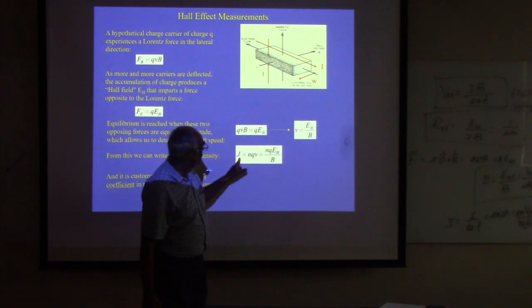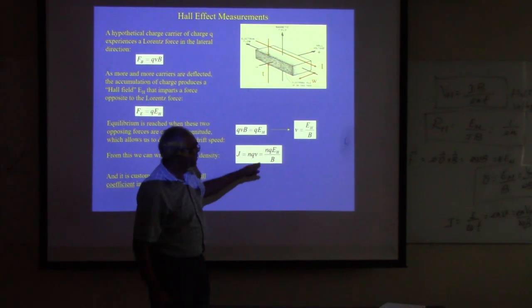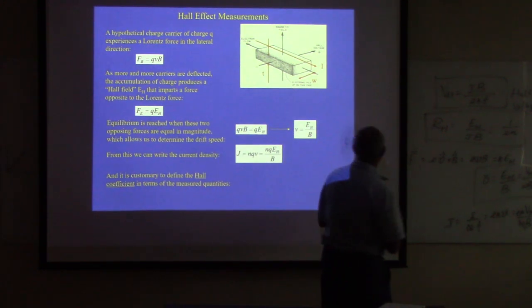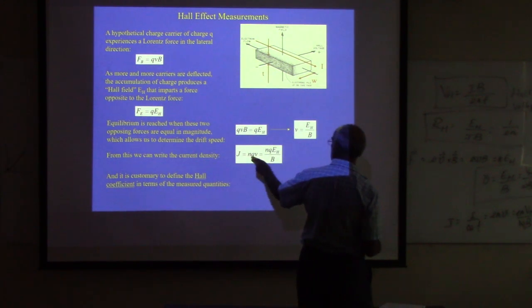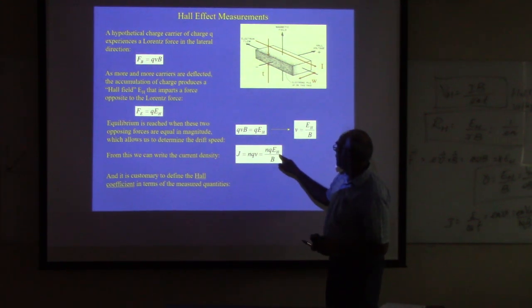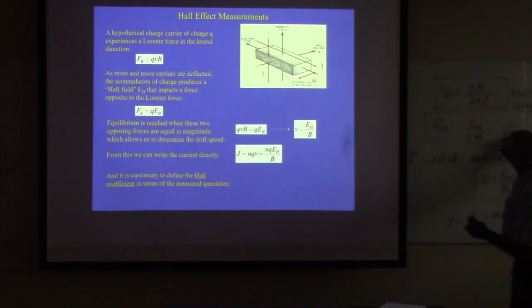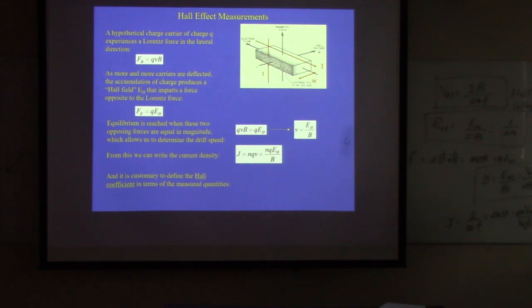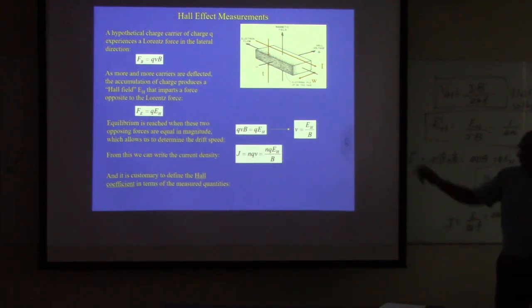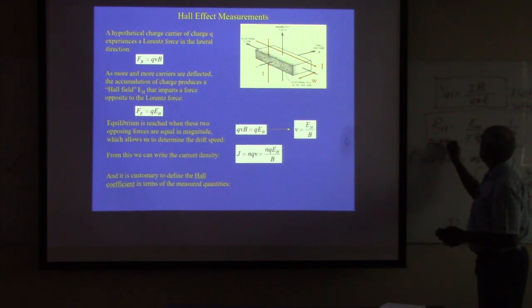Then J is n q v. Yeah, that's already here, right? So if you take E_H divided by J times B, it is 1 over n q, or n e, whatever. Is that clear for everybody? So this is the definition of the Hall coefficient.